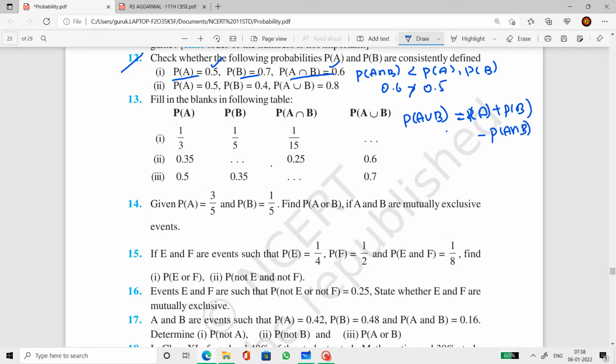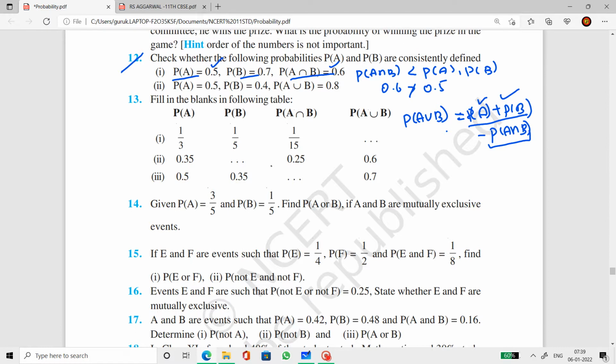So if A intersection B happens to be 0, then P of A union B is just P of A plus P of B. So P of A union B is either equal to P of A plus P of B or less than P of A plus P of B, isn't it?